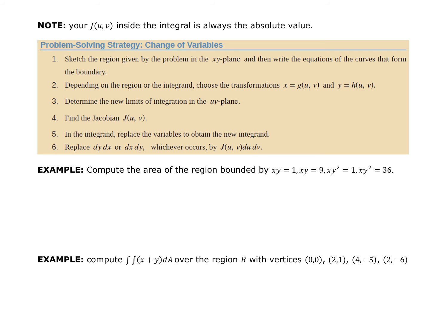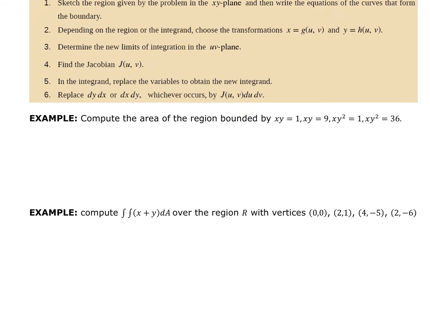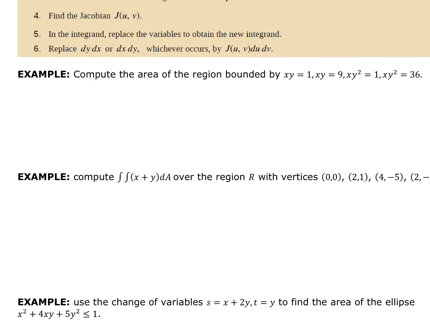So, we're asked to compute the area of the region bounded by x is equal to 1, xy is equal to 9, xy squared is equal to 1, and xy squared is equal to 36. They are not giving me appropriate values to do replacements, so I'm going to have to figure out a good replacement.